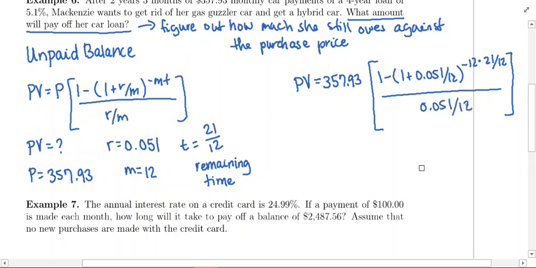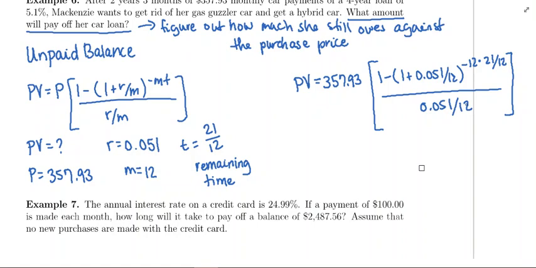Now we just need to plug this into the calculator, and this is going to give us how much Mackenzie still owes against the purchase price. Doing it in this manner neglects the interest that would have been paid over the remaining 1 year and 9 months.